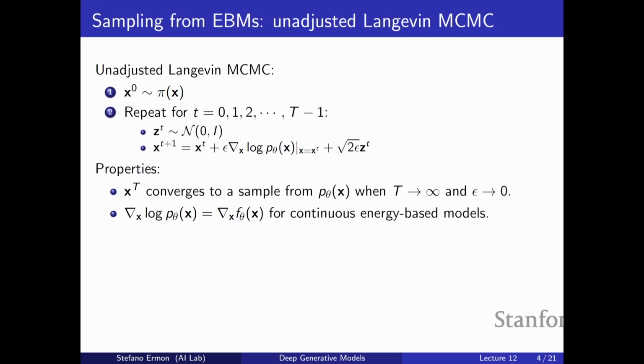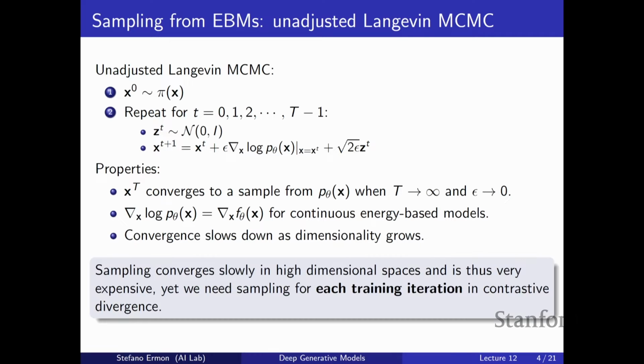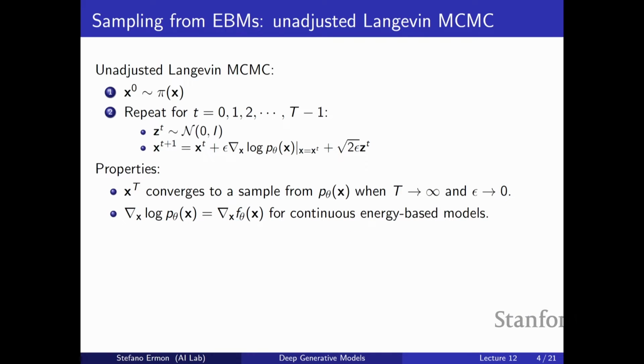And the good thing is that even though the log likelihood depends on the partition function, if you work out the expression, you'll see that Z theta, the partition function, depends on theta but does not depend on x.